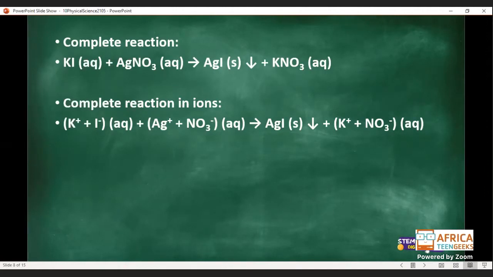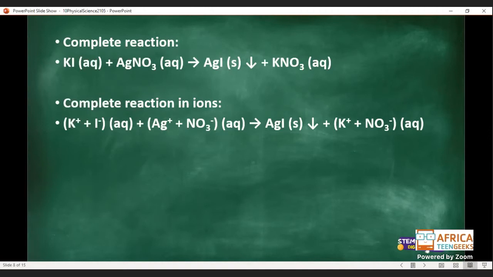All right, let me put you out of your misery. If I have a precipitate forming, then this precipitate is the driving force of this reaction. Okay? And so I want to keep this precipitate. It has to stay. This precipitate must be part of my net reaction.